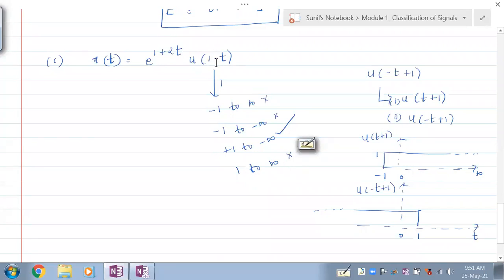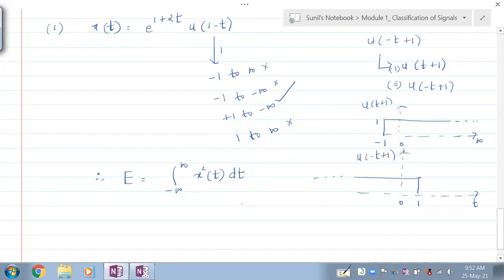Once you've understood the range, this problem is just the integration, just your mathematics. So let's find out the energy now. Therefore, energy E would be the integration from minus infinity to plus infinity of x squared t dt. I've been writing the equation every time, so you should also have that habit of writing the equations wherever it is necessary. It's learning.